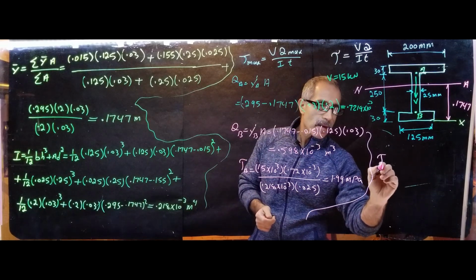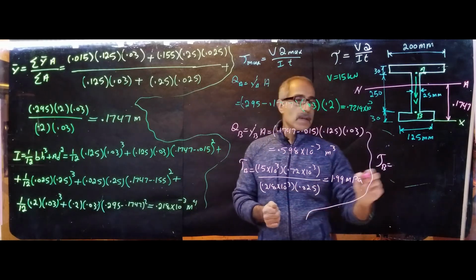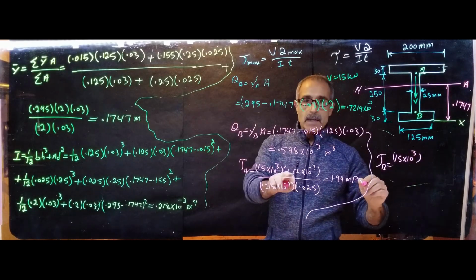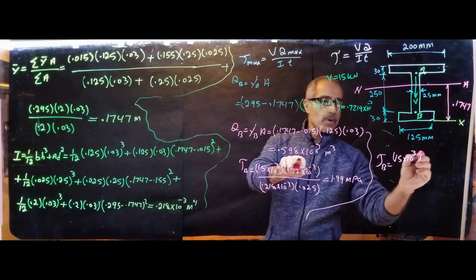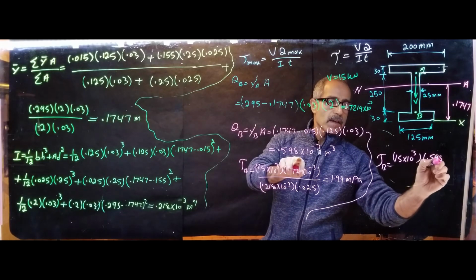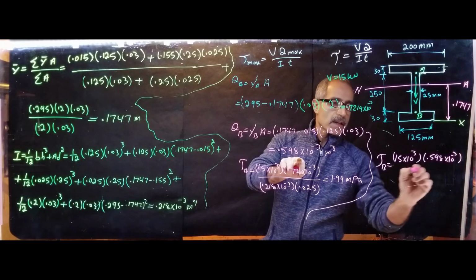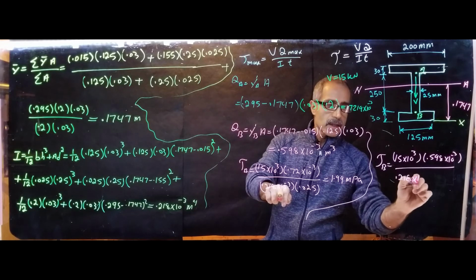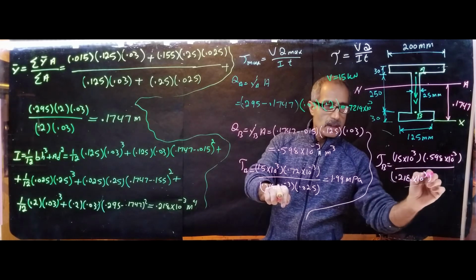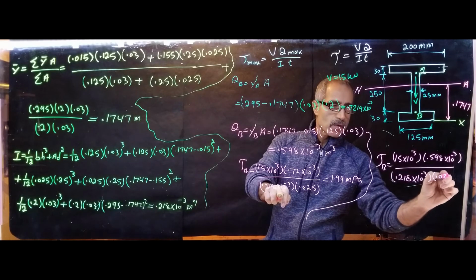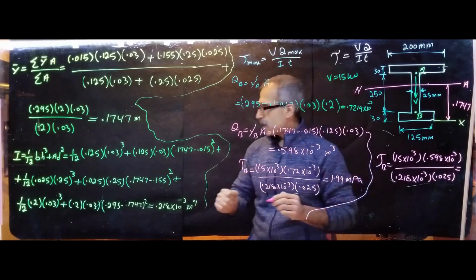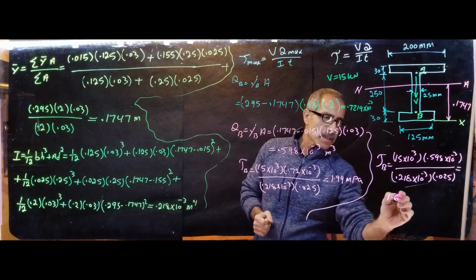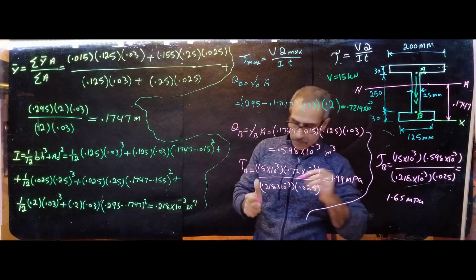Tau B is equal to, again, 15 times 10 to the power of 3, and QB was 0.598, divided by the moment of inertia, same thing down here, 0.218 times 10 to the negative 3 and times 0.025. I got that already, and it came out to 165 megapascals.